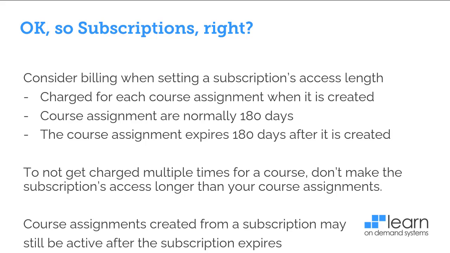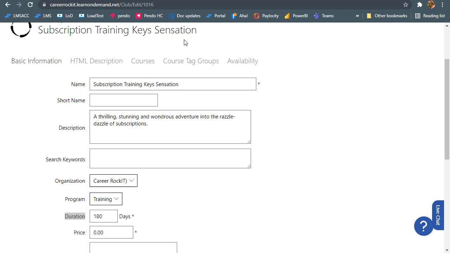Okay, now subscriptions, right? When you're setting up a subscription and the access length, the duration that was set on the subscription profile, here on the Subscription Training Keys profile, by default, they set the subscription duration to 365 days. You're going to want to consider how long the access to the courses in the subscription actually are.